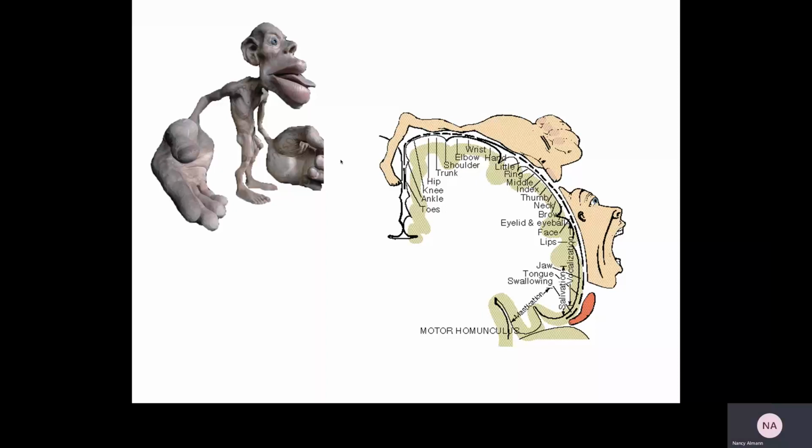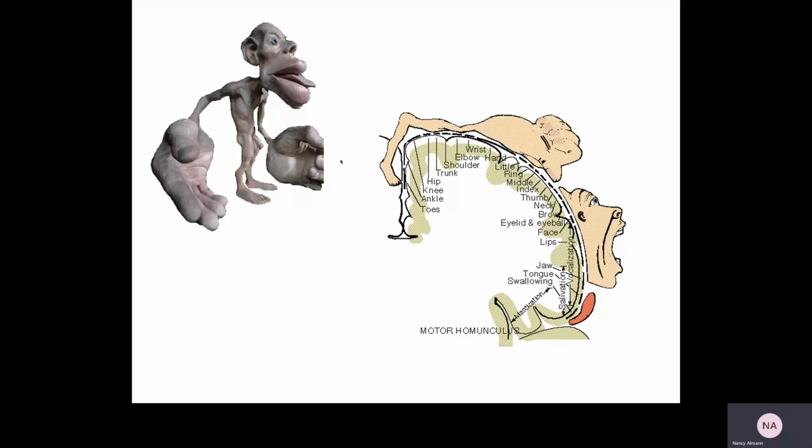If you take a look at the diagram on the right, you're looking at what's known as the motor homunculus. And again, remember that that's of the motor cortex. So that is going to sit in the precentral gyrus. It shows you the percentage of your cortex that is associated with various body parts.